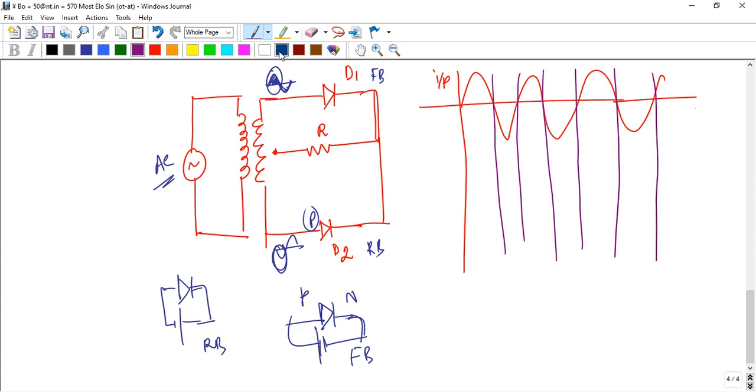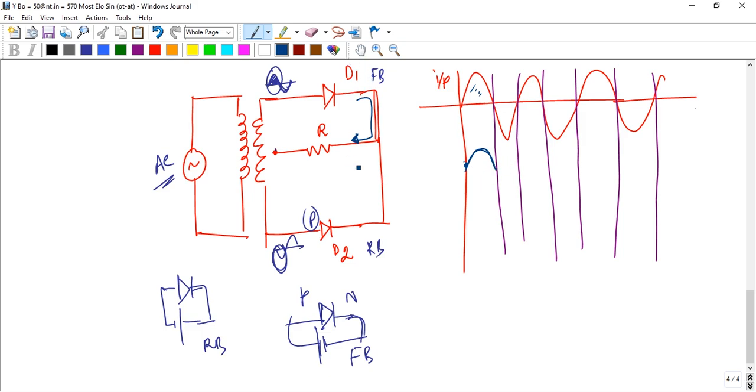When there is a positive cycle, D1 is forward biased, so current passes through D1 and via the load to ground, and the output gets a positive cycle.